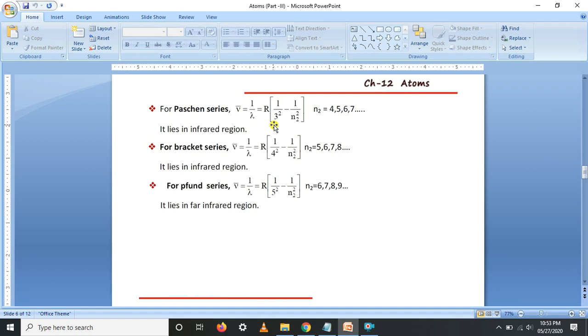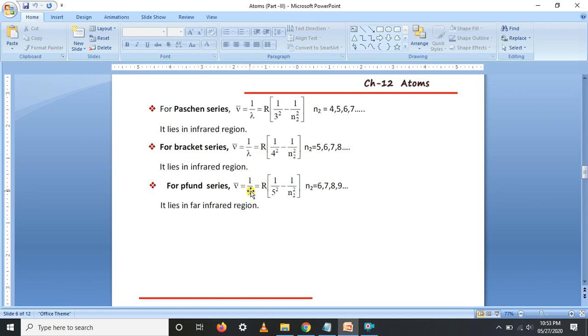Next one, for Brackett series, that is 1 by lambda is equal to R into 1 by 4 square minus 1 by N2 square, where N2 is 5, 6, 7, 8 and so on. This series lies in the infrared region only.